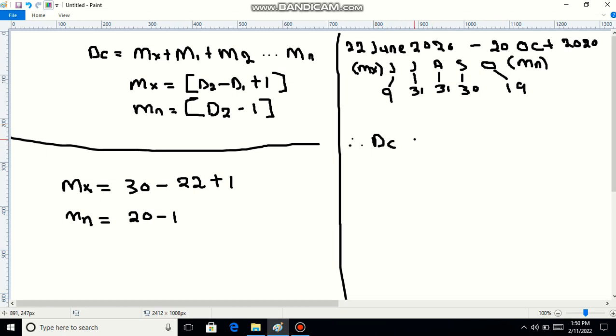Therefore the day count, or the number of days between the two dates, 22 June and 20 October, is going to be 9 plus 31 plus 31 plus 30 plus 19. Maybe we can calculate it using a calculator: 9 plus 31 plus 31 plus 30 plus 19, and our day count goes to 120 days.